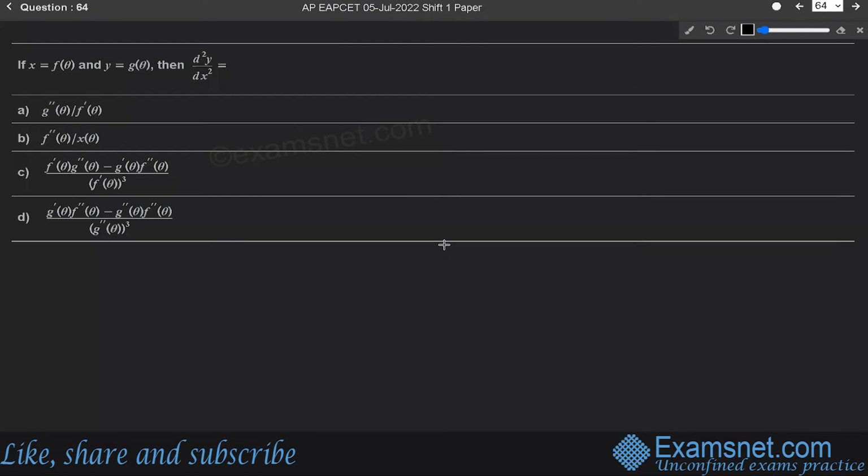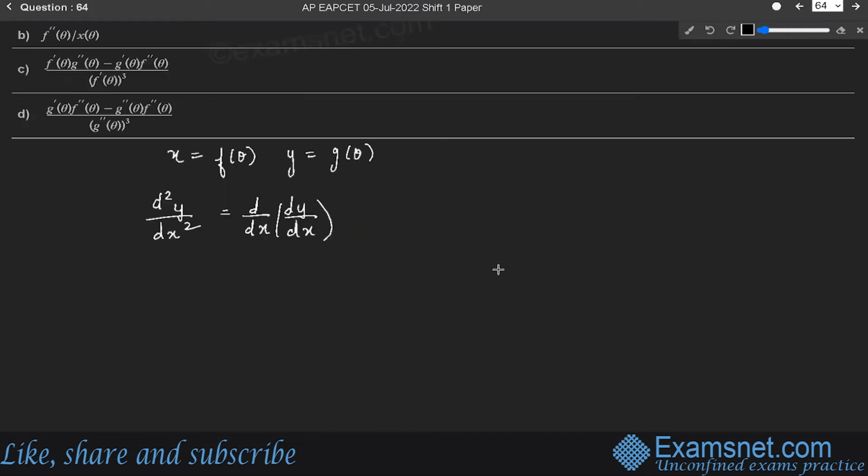Next question is, if x is equal to f of theta and y is equal to g of theta, then d square y upon dx square is equal to. See, d square y upon dx square can be written as d by dx of dy by dx. So we have to calculate dy by dx here.